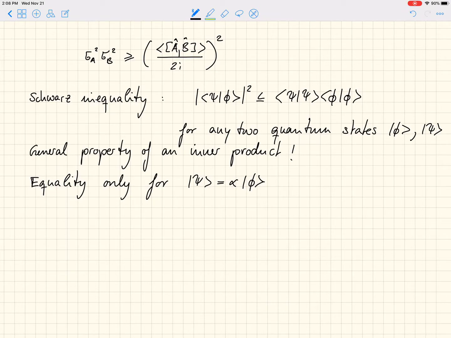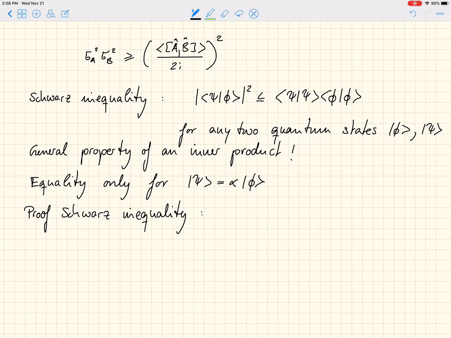Okay, so let's first see how we can prove this. So prove the Schwarz inequality. That's what we'll do next, and then we'll use it.